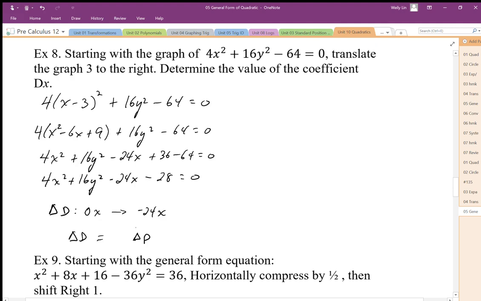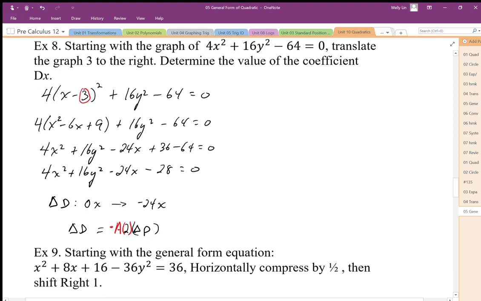It's going to be times, we're going to double it, and it's also affected by the A factor. So this is how our changes are going to be affected. And we'll put a negative there because P is at a plus 3 change, where P represents our horizontal shift.